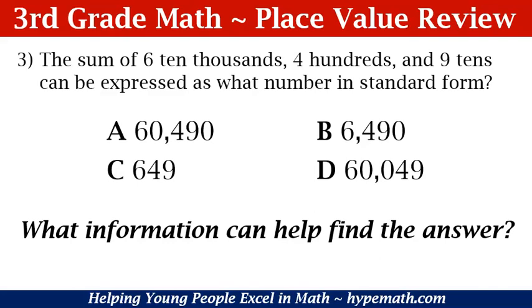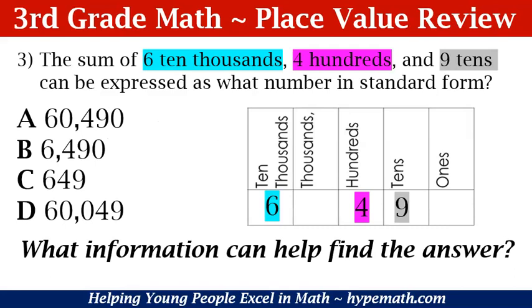Let's pull out our handy dandy place value chart, okay? And we have the numbers highlighted to help us. So we see that the 6 is in the 10,000s place. We have the 4 in the hundreds place, and we have the 9 in the tens place, okay? That is the information that can help us solve the problem.